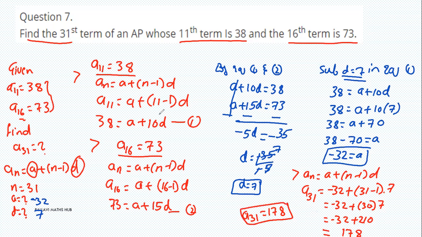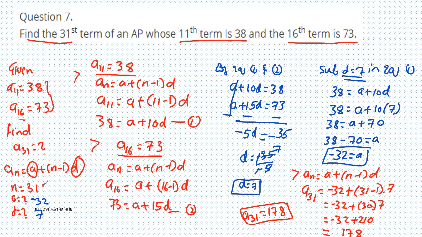I'll explain once again. The given 11th term is 38, meaning A11 is equal to 38. And the 16th term, A16, is equal to 73. You need to find out the 31st term, A31 is equal to question mark. What is the formula? An is equal to A plus n minus 1 into D. But you know only the value of n, because you need to find A31.